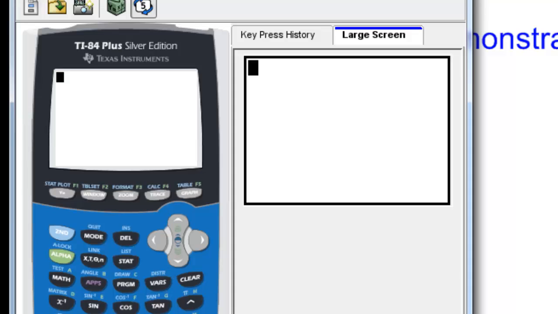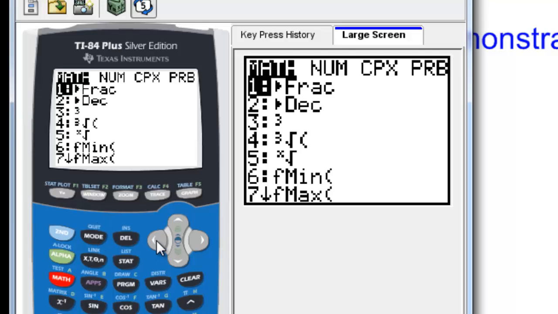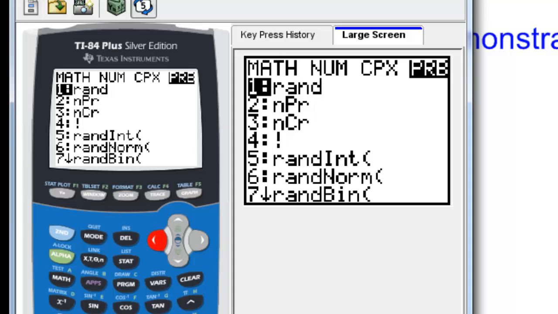Well, the first thing we did was use 5C2, which is math, prob, 3.